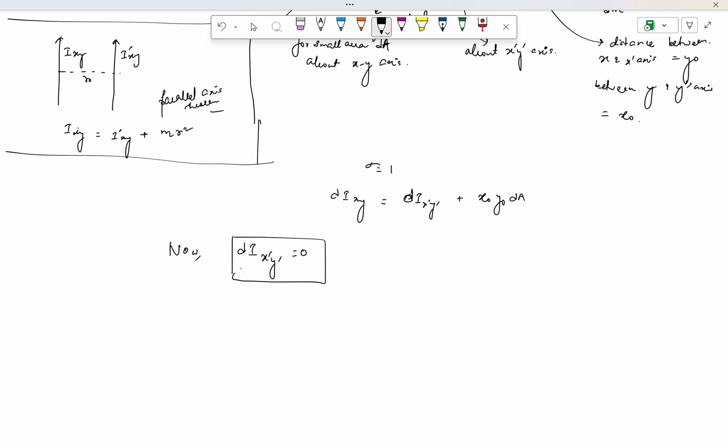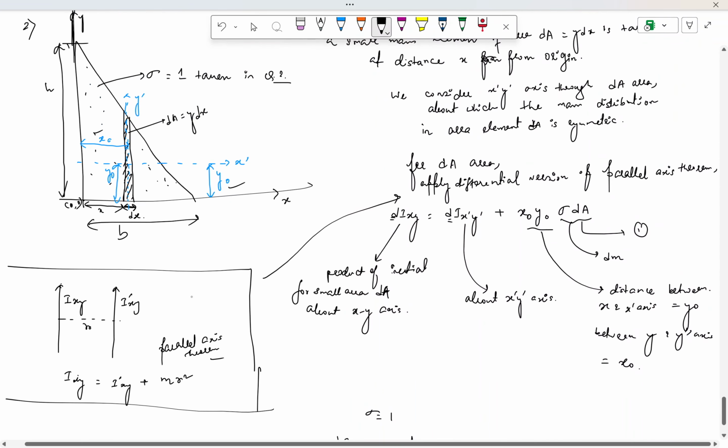Why? Because the product of inertia becomes 0 if the axis is such that the area or mass distribution is symmetric about that axis configuration. Like the x prime y prime axis, here you can see the dashed line passing through the center of this dashed region of area dA.